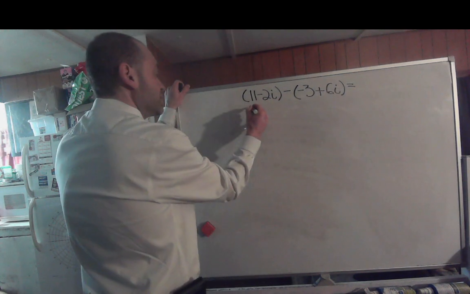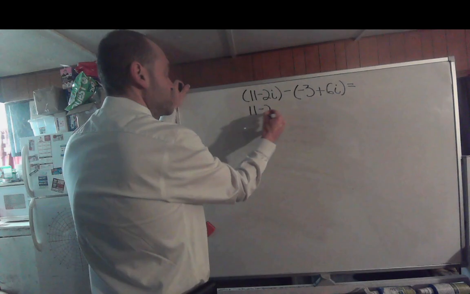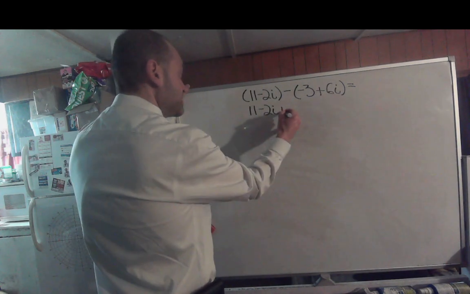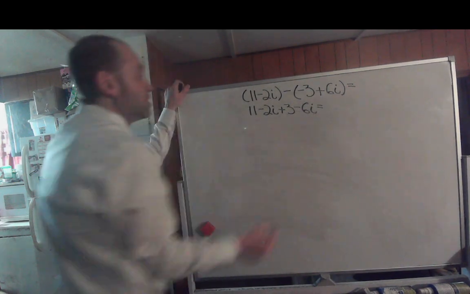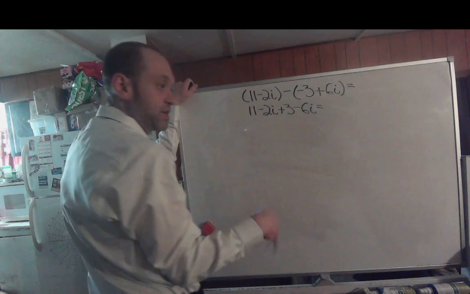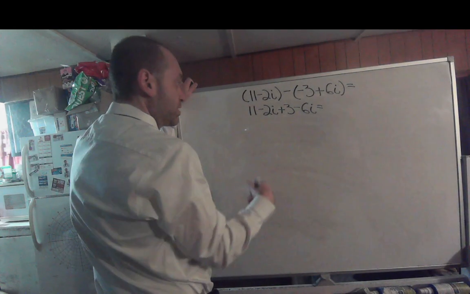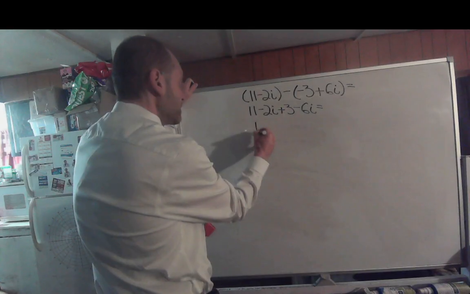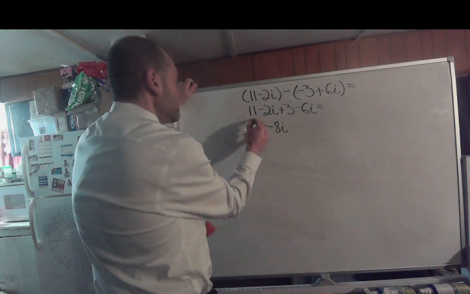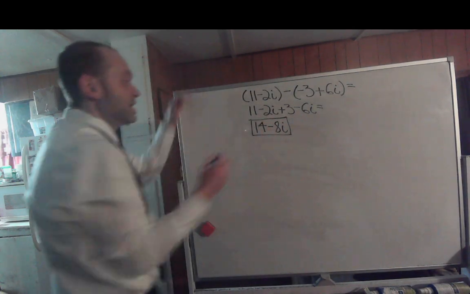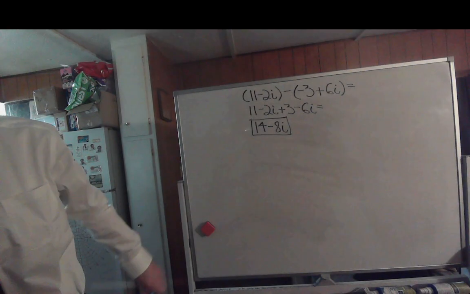So this would turn into 11 minus 2i plus 3 minus 6i, which now you just add like terms like you would when adding and subtracting variable equations. You end up getting 14 minus 8i. So in standard form, you would end up getting 14 minus 8i.